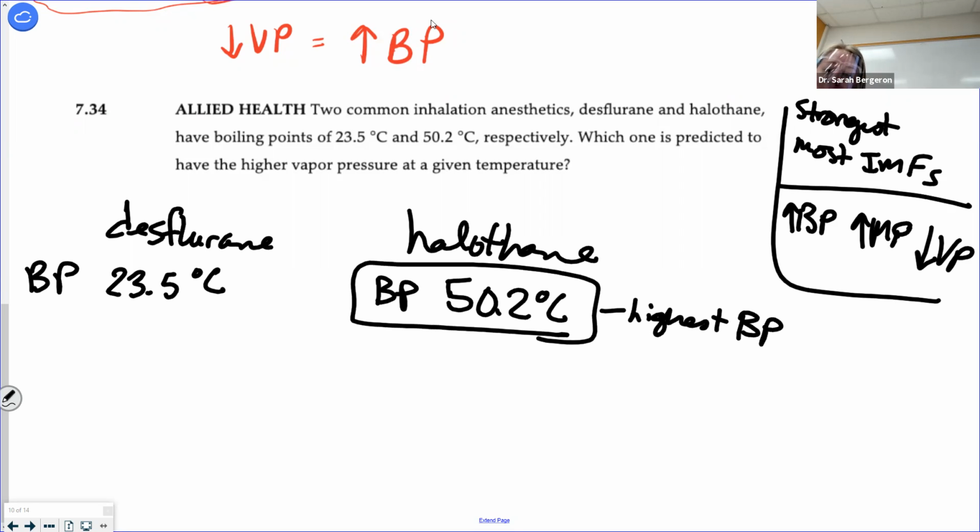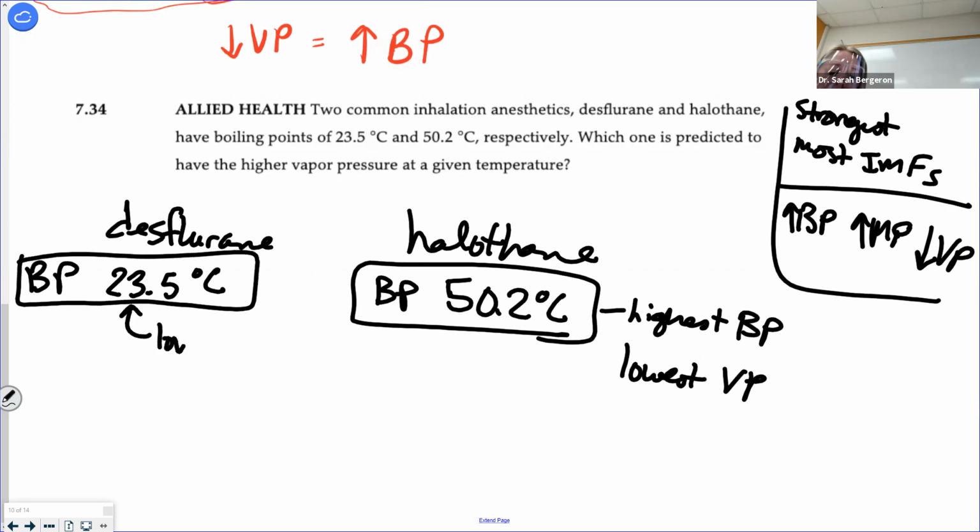boiling point. So I want to know which one is predicted to have a higher vapor pressure. So if I have a high boiling point, that means I have a low vapor pressure. So the highest boiling point would mean the lowest vapor pressure. This one has the lowest boiling point, so we'll have the highest vapor pressure.